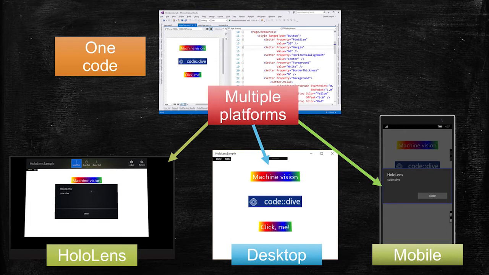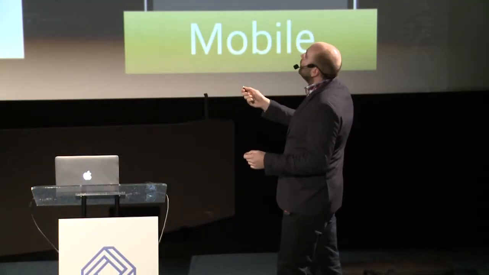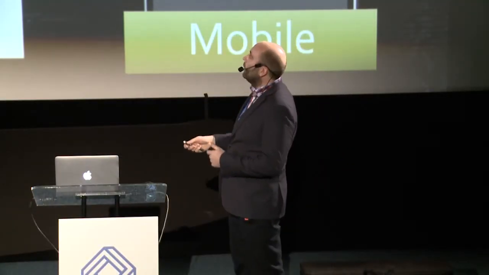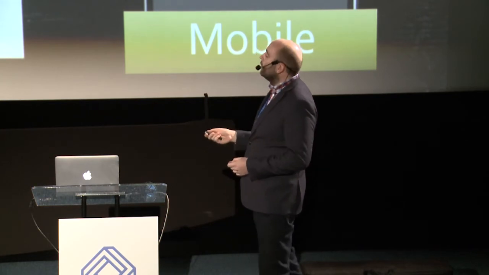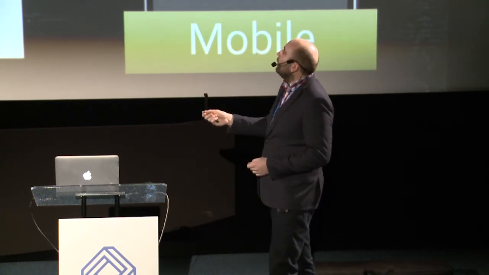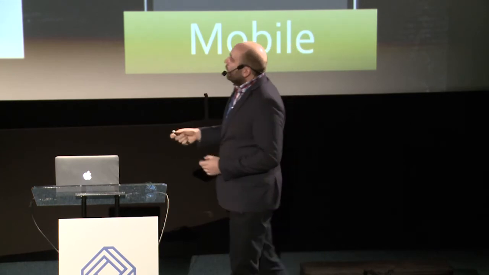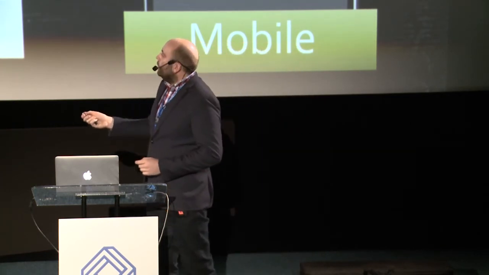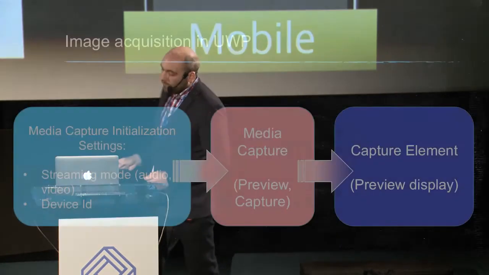By simply choosing the target platform, I can quickly compile and run this app in the AR emulator, the HoloLens emulator, on the desktop, or on the mobile device emulator. I don't need to change anything in my logic, provided I don't want to tailor the logic to a particular platform, and the app will automatically adjust to the specific platform.